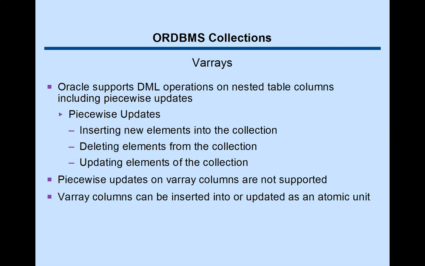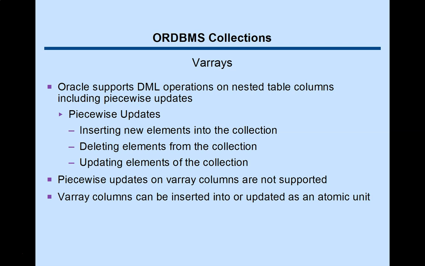So we have introduced two types of collections, the nested table type and the VArray type. There are some similarities in terms of what can be stored, but how we work with the data is different. And capabilities of the two collections, bounded and unbounded, for example, are different. Through our examples, we have shown that a collection provides a way of representing the many values in a one-to-many relationship.